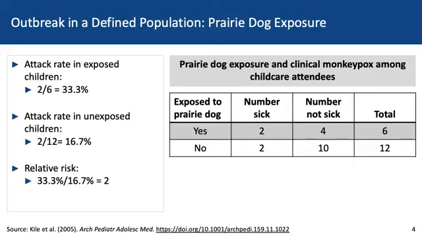So that's 16.7%. We divide these attack rates to calculate their relative risk. So 33% divided by 16% is roughly 2. Children who were exposed to prairie dogs had a relative risk of 2 of developing monkeypox, that is, they were twice as likely to develop monkeypox compared to those children who were not exposed to prairie dogs.